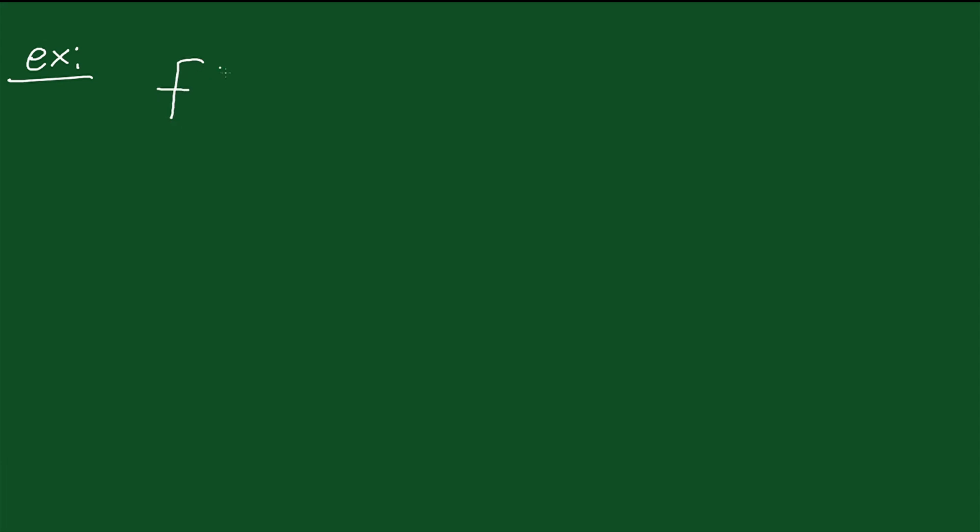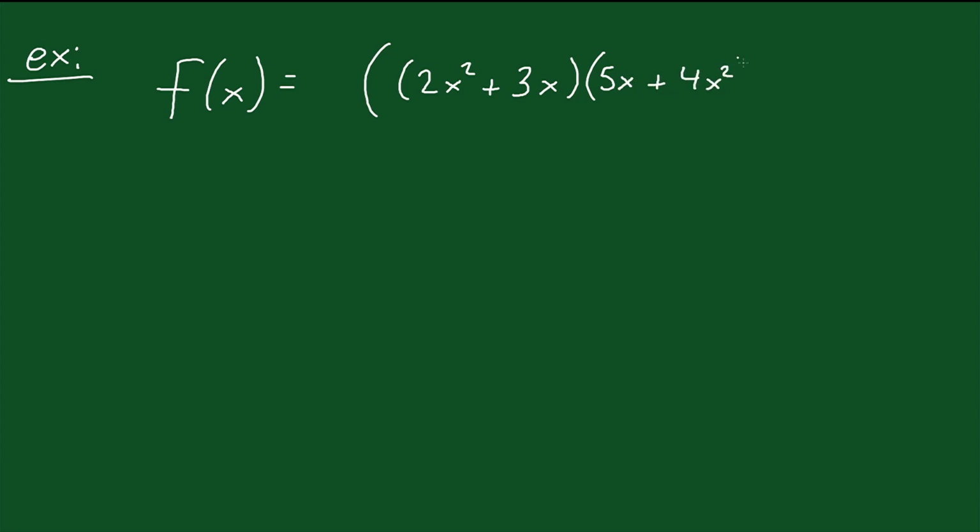Let's say we have f of x is equal to 2x squared plus 3x, multiplied by 5x plus 4x squared minus 3x cubed. And those two functions are in a bracket together, and that bracket is being squared.